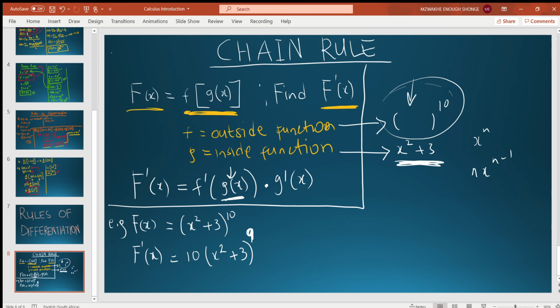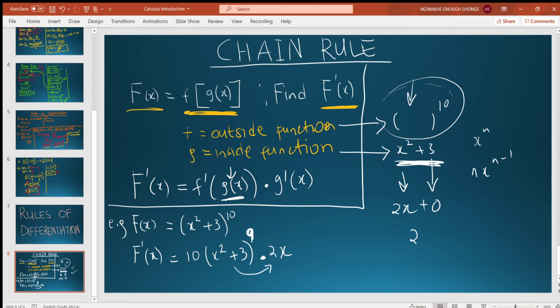Now you're going to multiply it by the derivative of the inside function, which is not x but 2x. Remember, the derivative of x squared is 2x, and of 3 is 0.